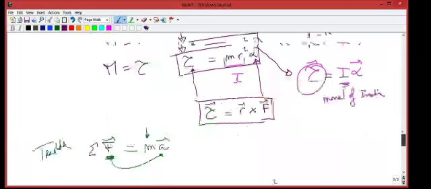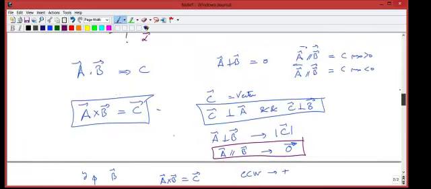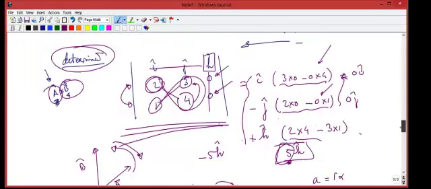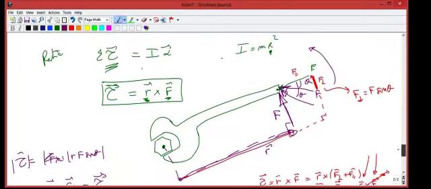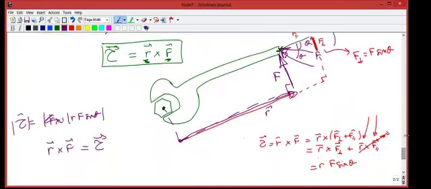Again, this is consistent: the maximum value is when they're perpendicular to one another. So everything is consistent with the cross product. It's wonderful. Okay? So obviously, if we change the direction between the force and the position vector, we can change the magnitude of the torque.